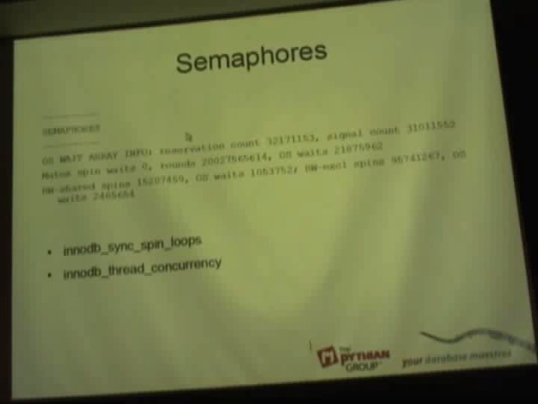Now, when do you set it? Well, it's really a trade-off: how many spin waits do you have versus how many OS waits? If you want to have more OS waits, you can reduce the number. If you want to have fewer OS waits and more spins, you can increase it. You can set it from 0 to 4,294,967,295, the unsigned integer maximum.